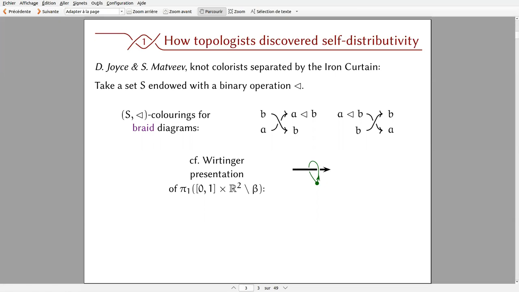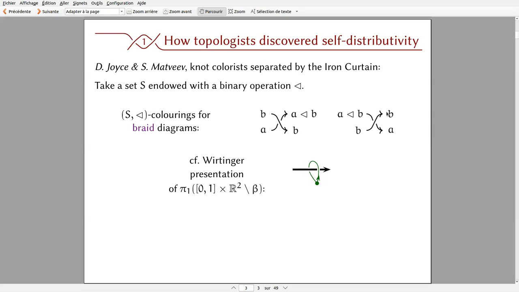We take a diagram and we color all the arcs of this diagram by some elements of your set. And around each crossing, you impose a coloring rule saying that whenever you go under a strand which is colored by B, your original color A becomes A triangle B. So this works for positive crossings, and for negative crossings, you have a similar rule.